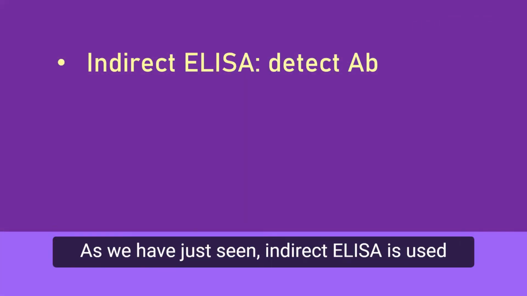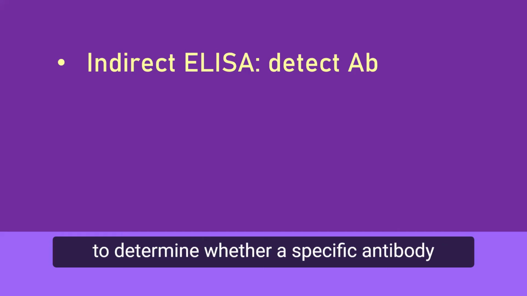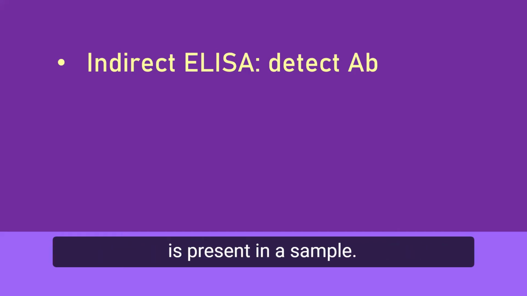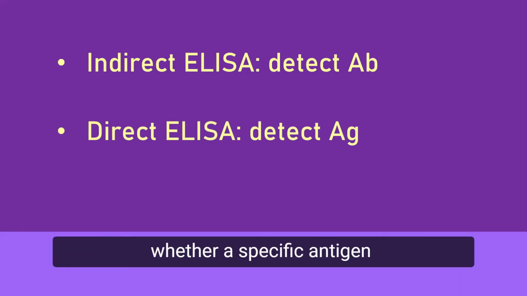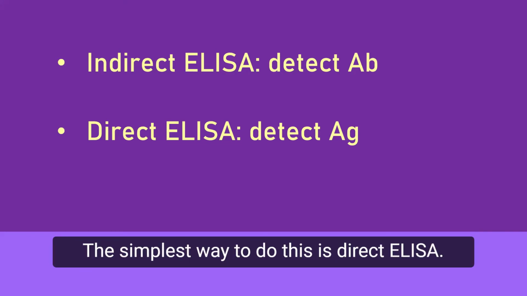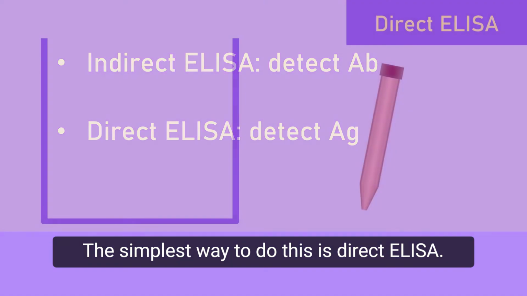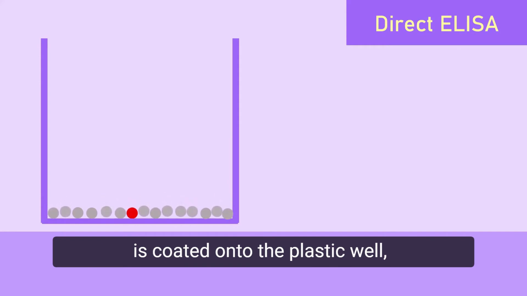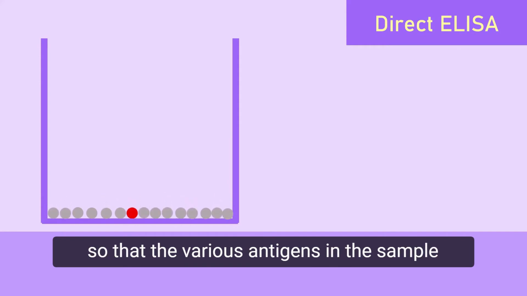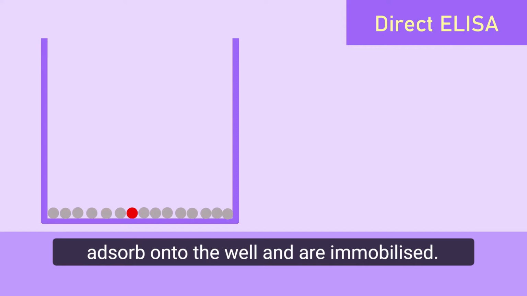As we have just seen, indirect ELISA is used to determine whether a specific antibody is present in a sample. The ELISA technique can also be used to determine whether a specific antigen is present in a sample. The simplest way to do this is direct ELISA. In direct ELISA, the serum sample itself is coated onto the plastic well, so that the various antigens in the sample adsorb onto the well and are immobilized.